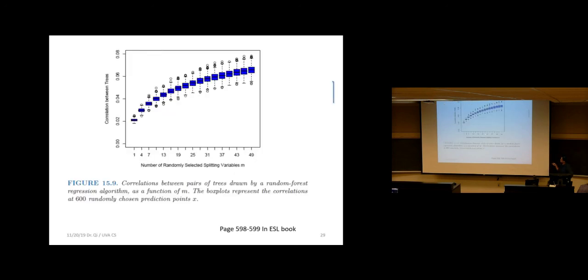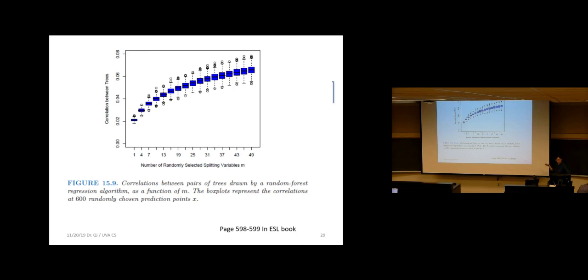Then the very natural question is, what M? How many M should I use? The author actually did a lot of experiments to give guidance on what M to pick. It normally has this kind of plateau. In the beginning it gives good performance, and here good performance means low correlation.